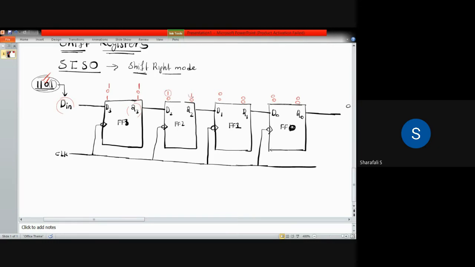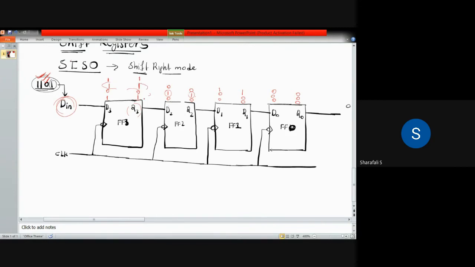This Q2 value 1 will be fetched into the next flip-flop. So this will become 1, and this 0, 0 will be shifted to this particular flip-flop. So this will become 0, 0, and here again 0, 0. And when the last 1 is fetched into this D in input, this will be 1, 1.